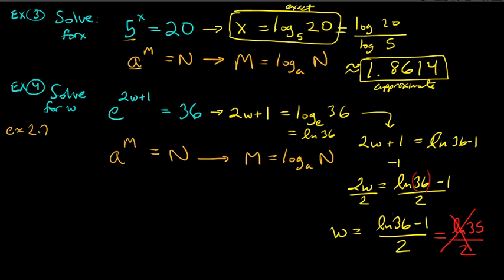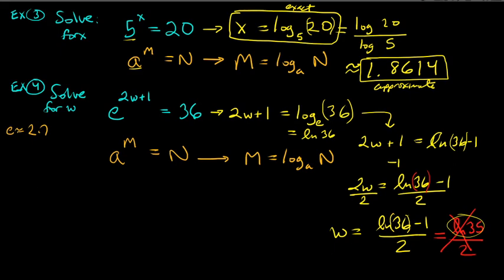So if it helps, and you might want to do this, if you're tempted to subtract the 36 minus the 1, then maybe put the 36 in parentheses. We should have done that way over here. And the same thing is true up here for the log of 20. Now, the book doesn't do that, and I usually don't do that, but if it helps to prevent this kind of an error here, then by all means do that.